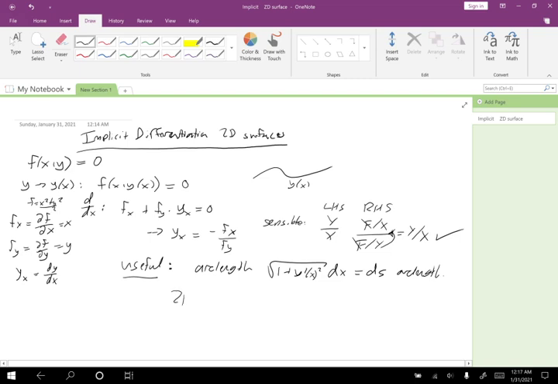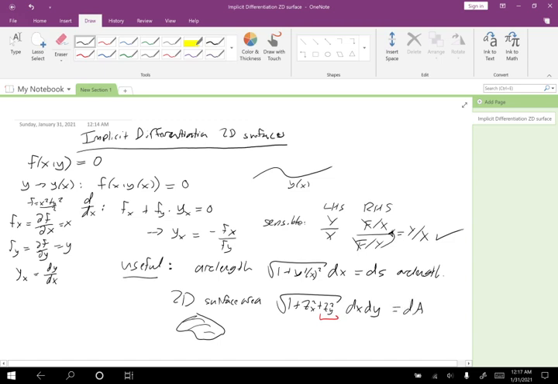If we do the same thing in 2D, the surface area of some surface turns out to be just 1 plus zx squared plus zy squared. The only difference is that you add an extra partial derivative. This will be your dA, d surface area, or ds, however you like. But you don't need to know that right now.